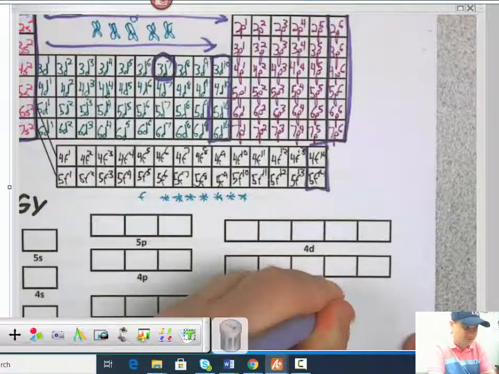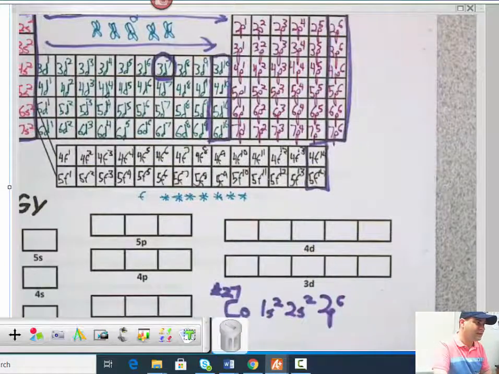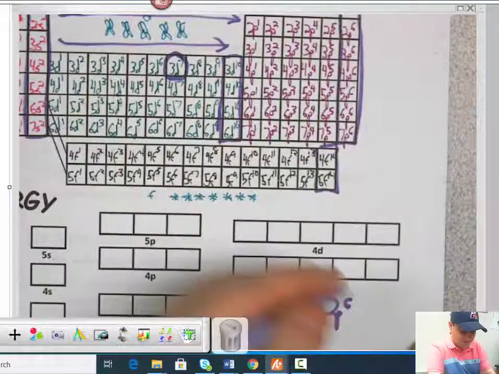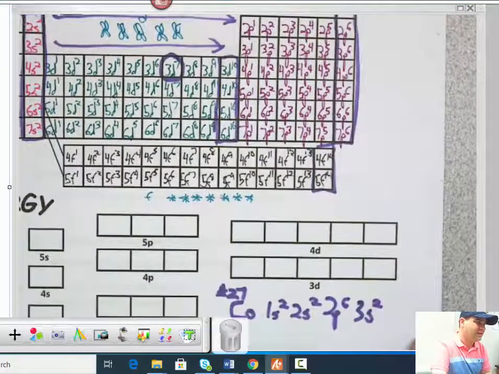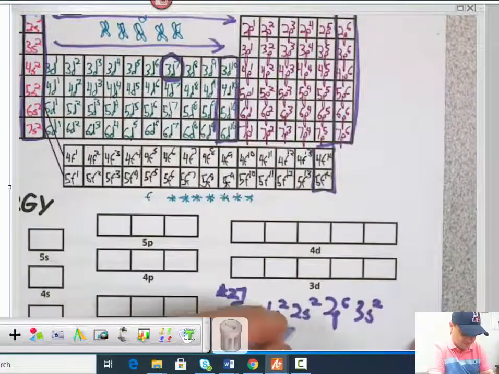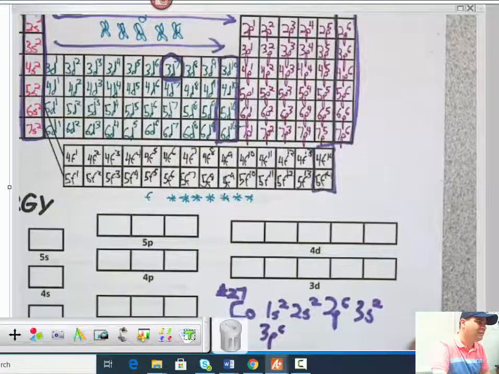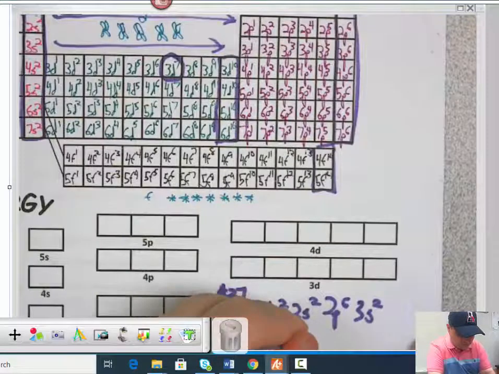You have to do element number 10 next. Then element number 12, which is magnesium, 3s2. Then the next one, element number 18, which is argon, 3p6. Then the next one, which is 20, 4s2.